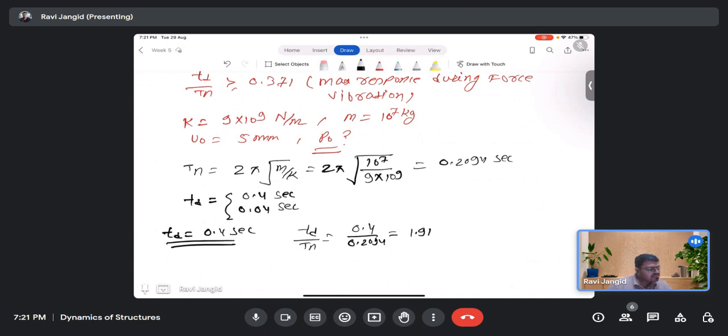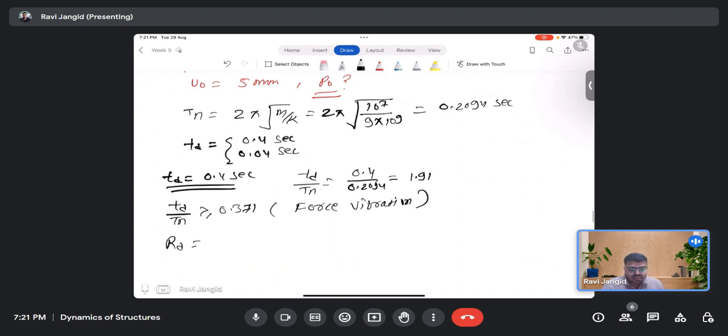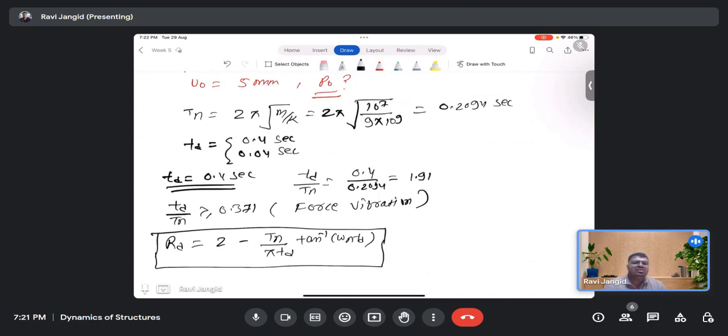So if my TD by TN is greater than 0.371, my maximum response occurs during the forced vibration. For this, RD is given as 2 minus Tn over pi Td into tan inverse of omega n Td. Please give me the RD for this.